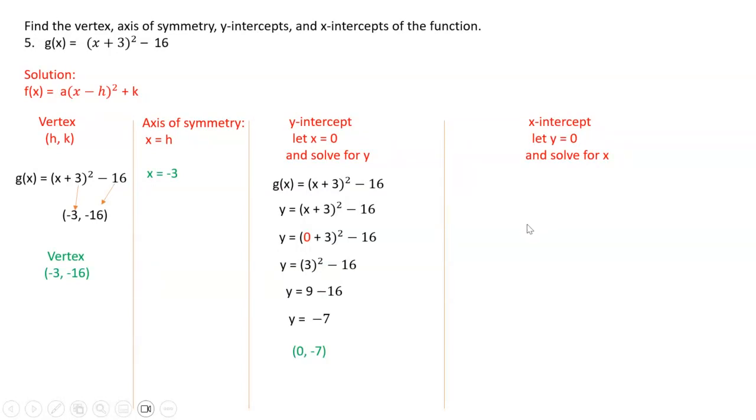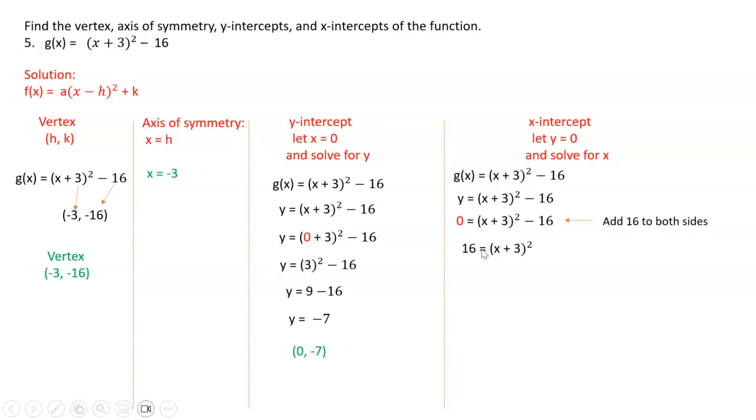Now for the x-intercepts, we let y equal 0. And now we're going to add 16 to both sides of the equal sign. So it'll be 16 equals x plus 3 in parentheses, squared. Now we're going to take the square root of both sides.